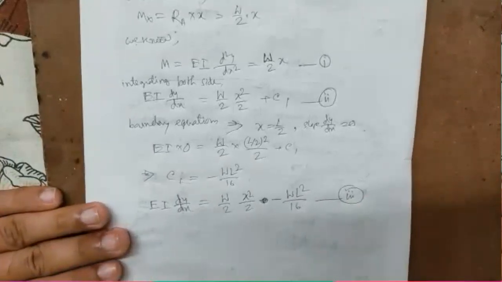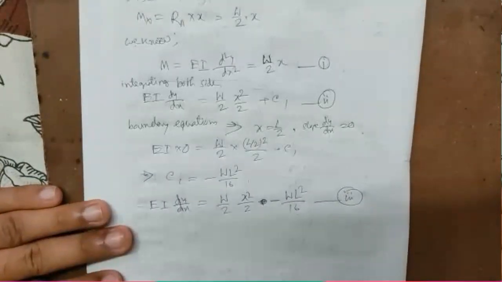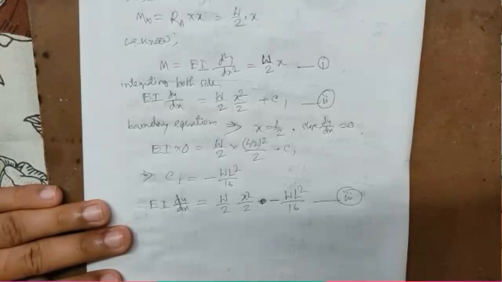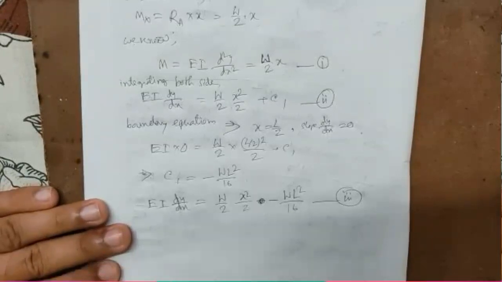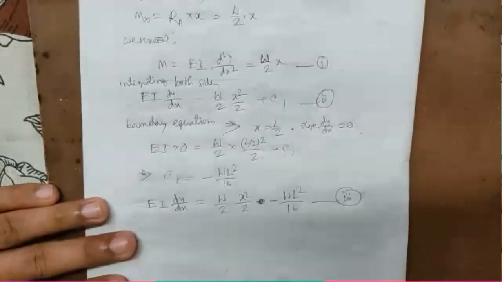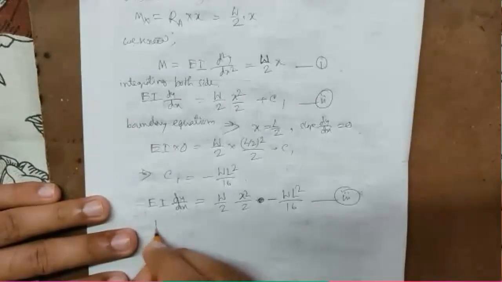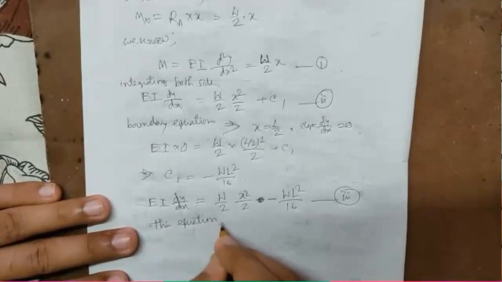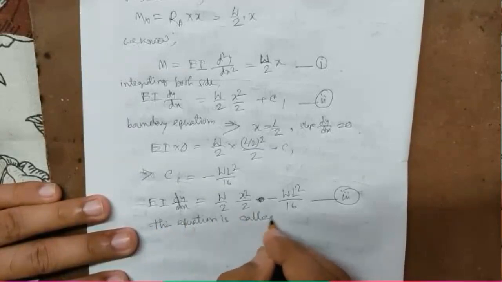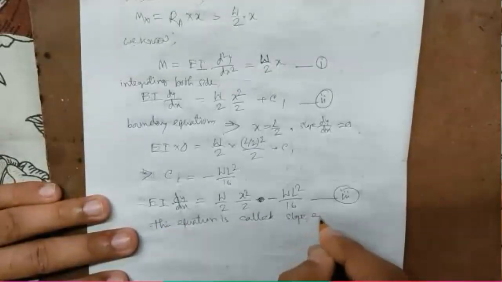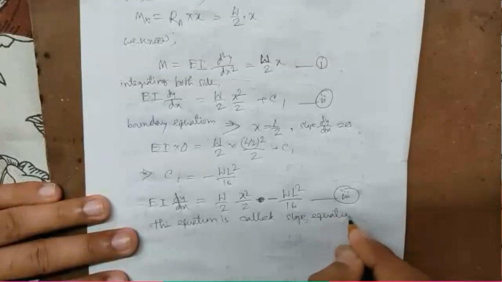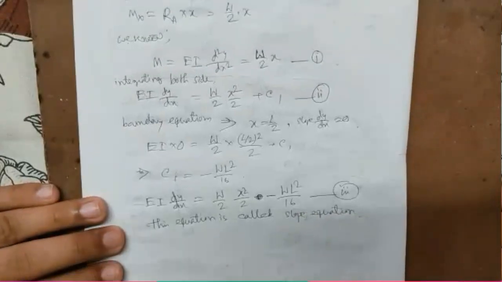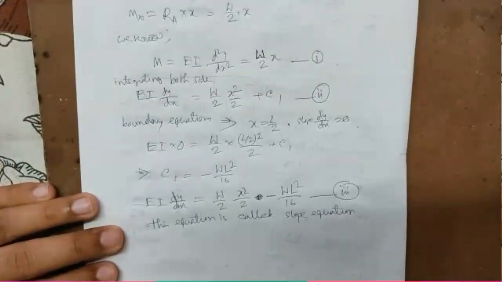If we put any value of x here, you will get the corresponding dy dx, the slope. So this equation is called the slope equation. We can find the slope at any point in the beam by substituting the value of x.